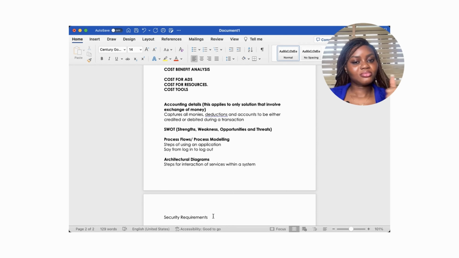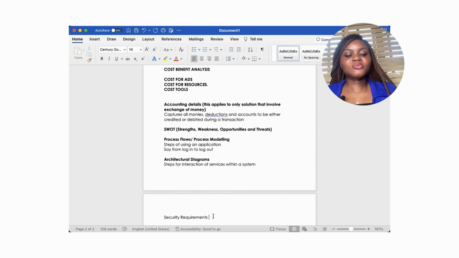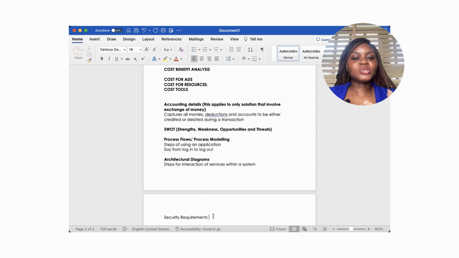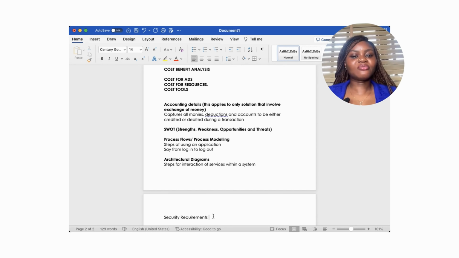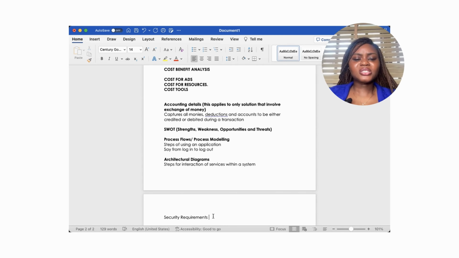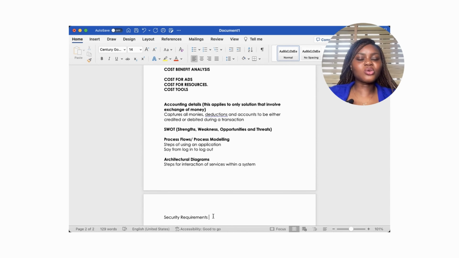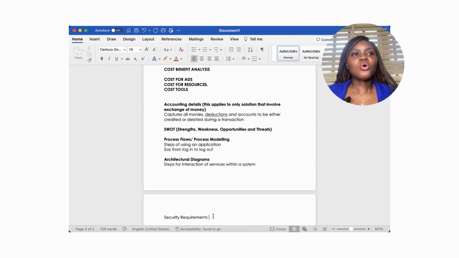If you can, that's an added advantage. But there's typically a team that evaluates all your requirements, and you have a session with them and say, "This is what we're trying to achieve. These are the process flows, these are the architectural diagrams, these are all the services involved that will enable us to fulfill this project, these are the business requirements." And the security team will typically look at all the components of this.